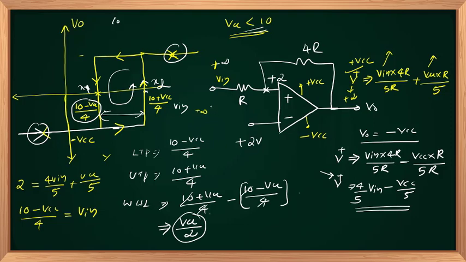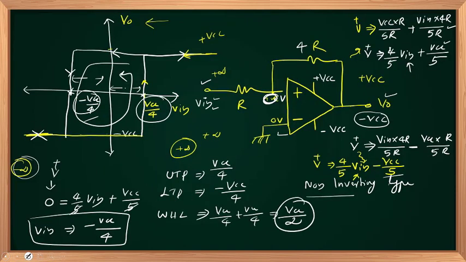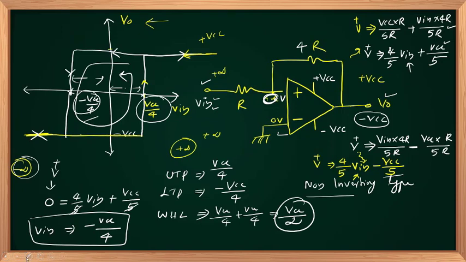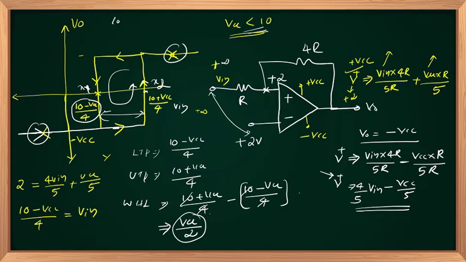If you are moving V in from here to the right, LTP and UTP are changed from VCC by 4 and minus VCC by 4 to some other values, VCC by 4 plus 10 by 4 and minus VCC by 4 plus 10 by 4, due to the addition of this 2 volts source.